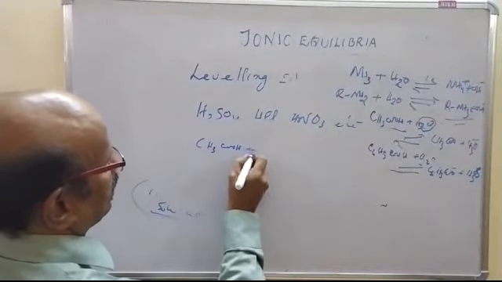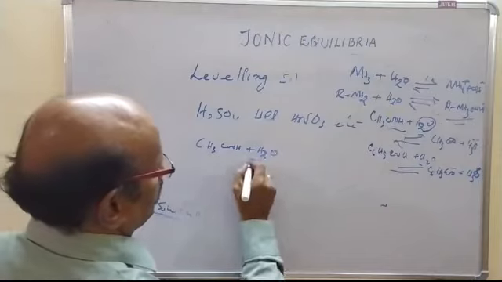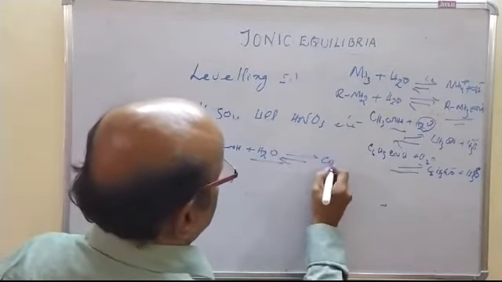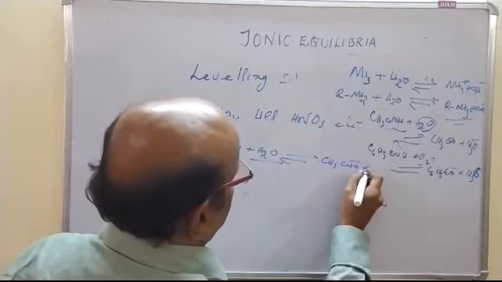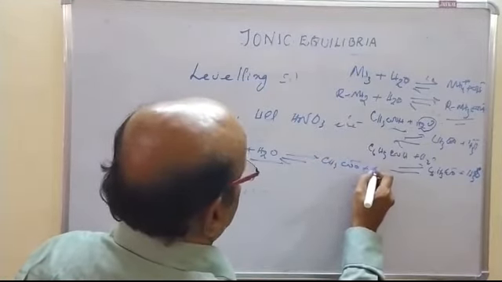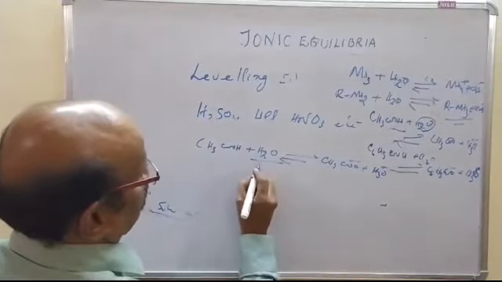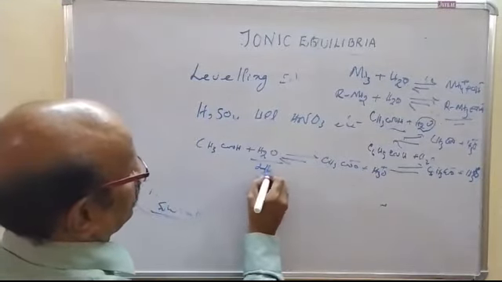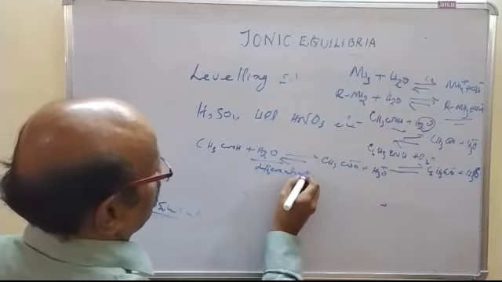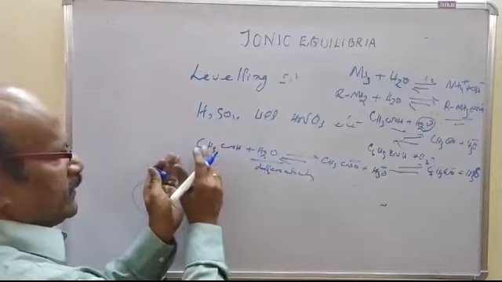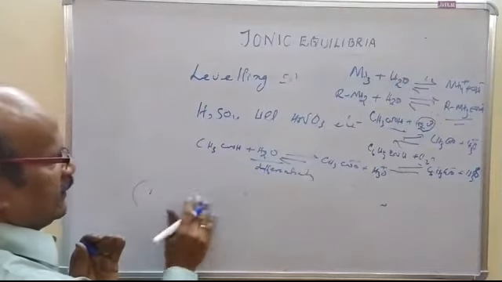Acetic acid plus H2O giving CH3COO minus plus H3O plus. Here water is a differentiating solvent, because ionization is not complete and it varies with different acids.